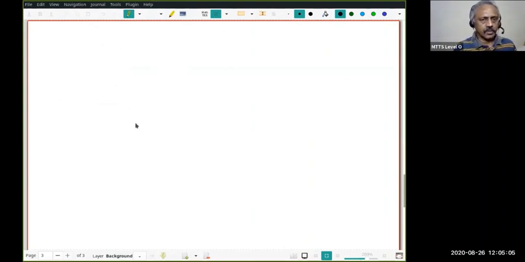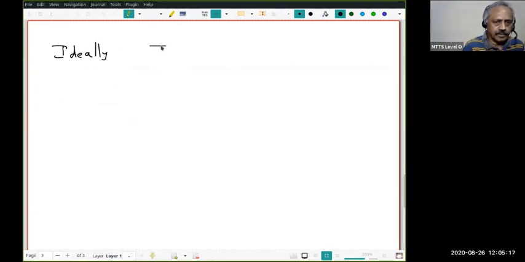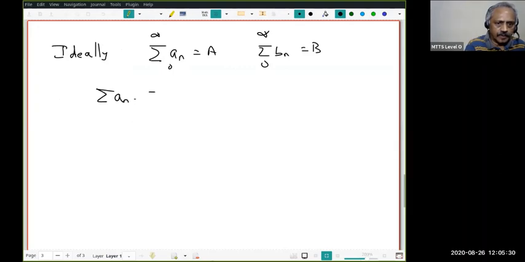Right? So what is the theorem I would like to prove? Ideally, I would like to prove that if these series are convergent, then the Cauchy product should be convergent and the sum should be AB.